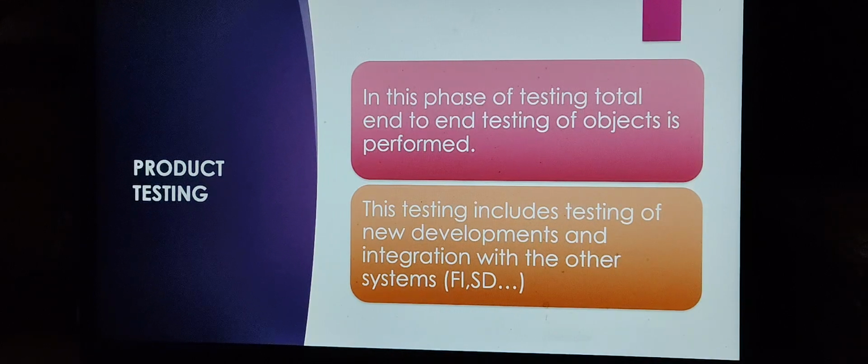The first two steps will be tested by the first team, and they will collect the evidence and push the test to the logistics team, so that they can perform their GR and inbound and outbound delivery steps, and push the test to the finance team, so that they can perform their invoice and other financial validations. In this way the end-to-end testing will be done in product testing.